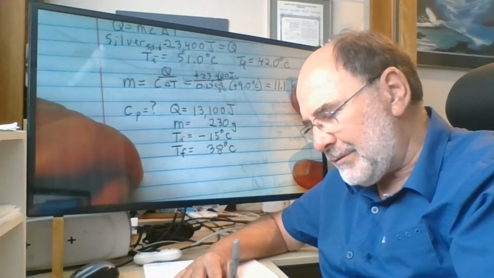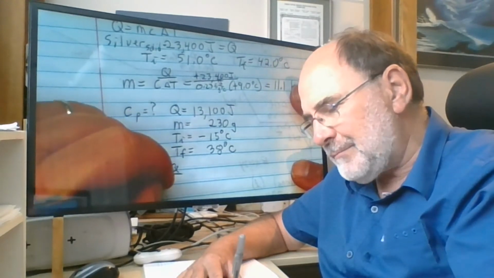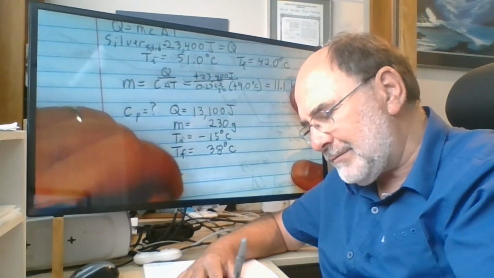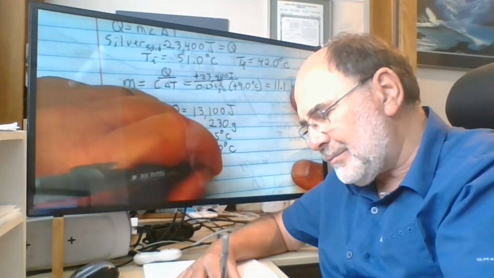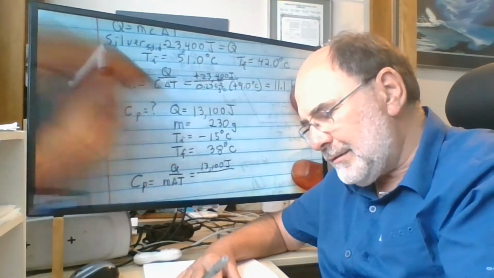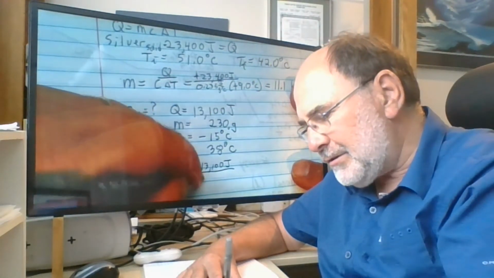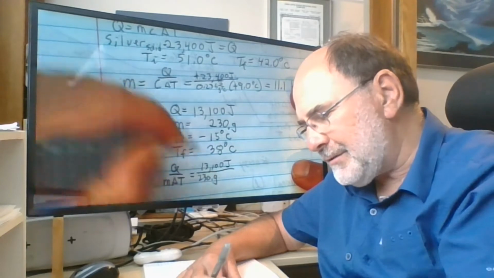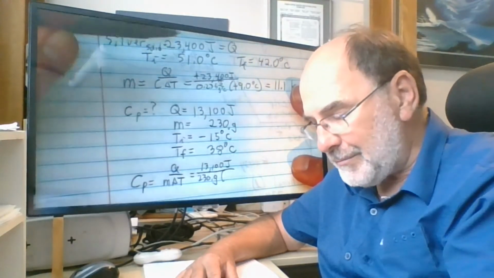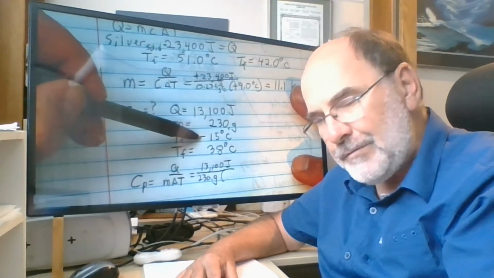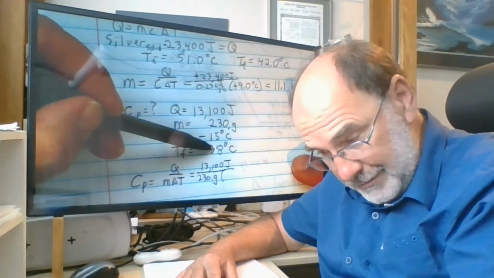Well, solving for the specific heat, that would be Q divided by m divided by delta T. In this case, 13,100 joules divided by, let's make it 3 sig figs, 230 grams. And the change in temperature: I'm starting at 15 degrees below zero, and I'm ending at 38 degrees above zero.